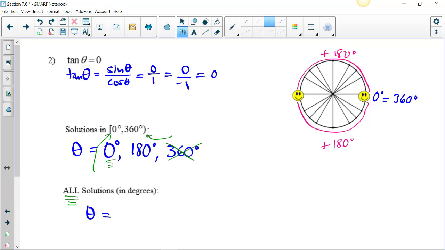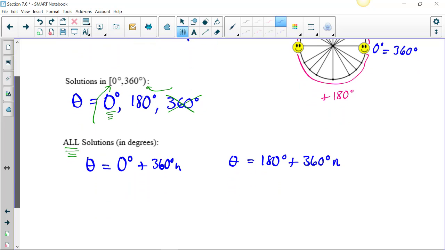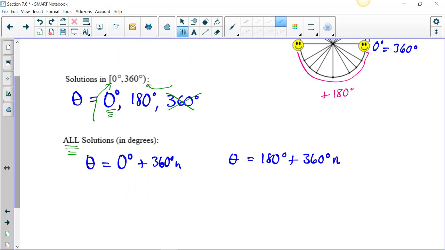Okay, so I could say, oh, it's 0 degrees plus 360n, or I could say theta is 180 degrees plus 360n, but that's very redundant, okay? Or we could be more concise, I should say.